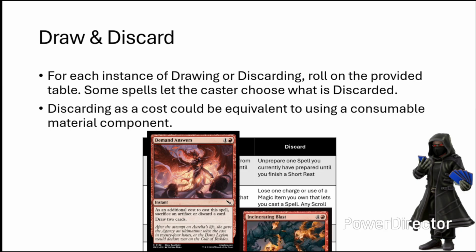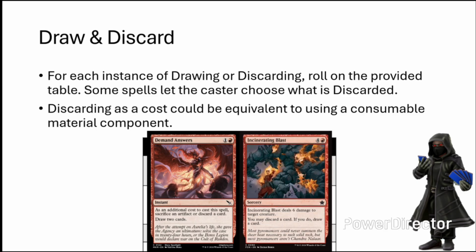Like I mentioned, there are cards that have you pay a cost by discarding a card, while some cards just have an additional ability that you may choose to do. So, I don't know, I think it's flavored different from effect to effect. This is totally up to you as a dungeon master how this can be perceived.